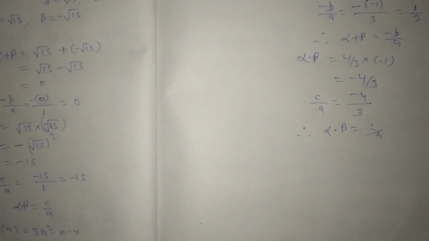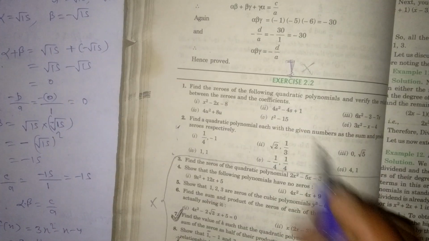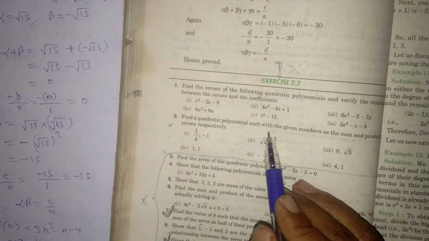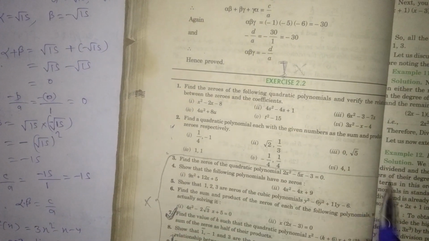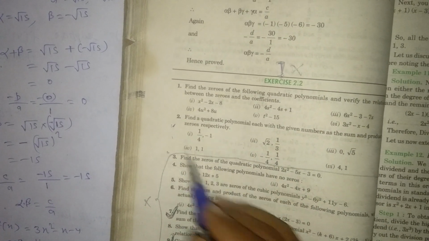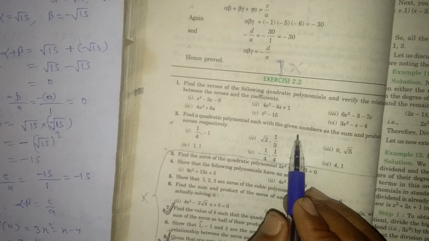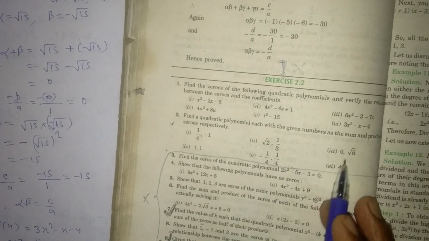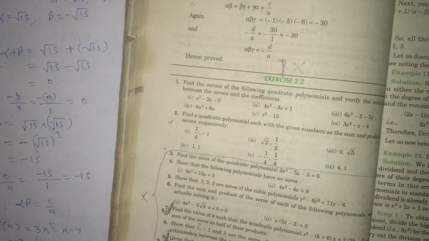Now we will go ahead to the second question. Now you can see here our second question is find a quadratic polynomial, each with the given numbers, these are the numbers, as the sum and the product of zeros.